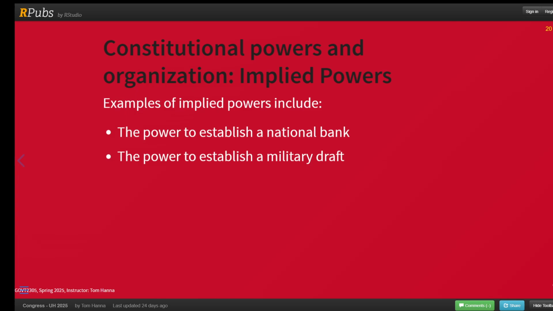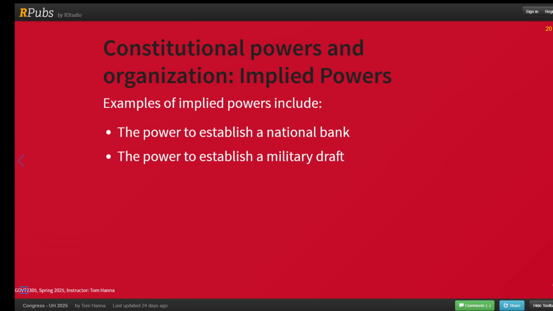Another one's the power to establish a military draft. This one's really pretty simple. It's almost a no-brainer. Congress has the enumerated power to raise armies. How do you raise armies? There are two ways. You can pay mercenaries, or you can have a draft.